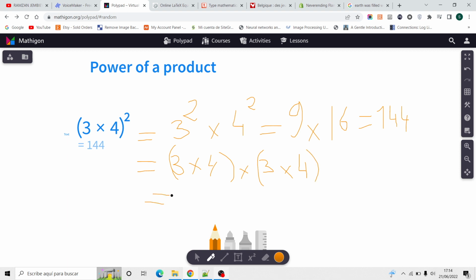Okay, so you can remove the bracket and you have 3 times 3. And you can commute 3 times 3 times 4 times 4. And you have the same result, 3 square times 4 square. Okay.